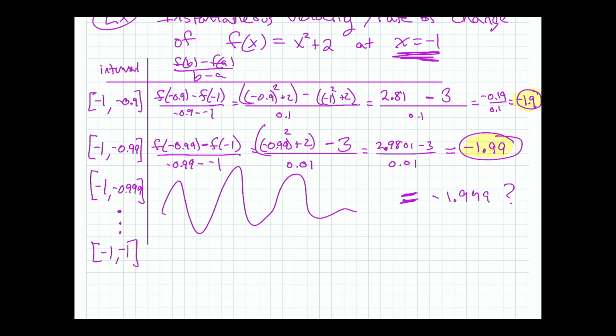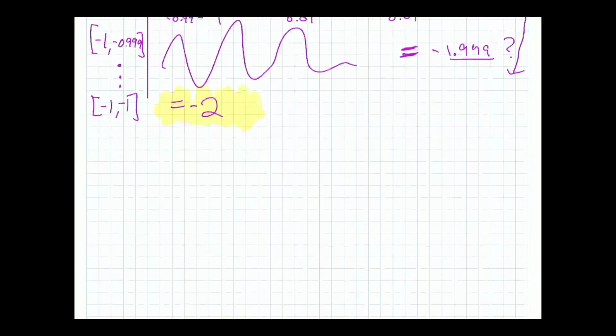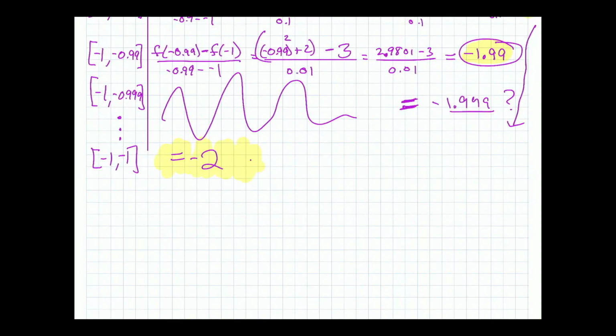And what would we get for our guess at the answer? Negative 1.999? How about negative 2 again? These are still getting closer to negative 2. Why is this one negative 2 and the last one also negative 2? I don't know, just is. So this is our guess again.